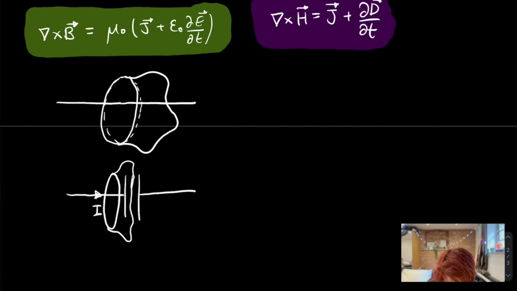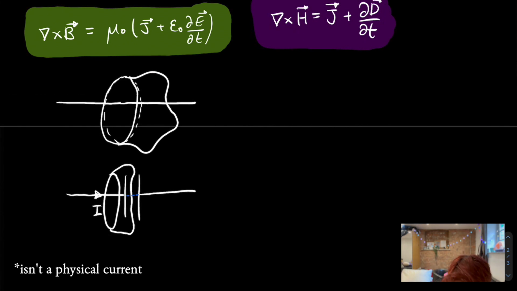Just because this surface right here doesn't happen to be at the right point, that doesn't mean there isn't a magnetic field, because if we put our surface here, then of course we would find a magnetic field because there's current penetrating the surface. And so you can essentially think of this extra term as an implied current.